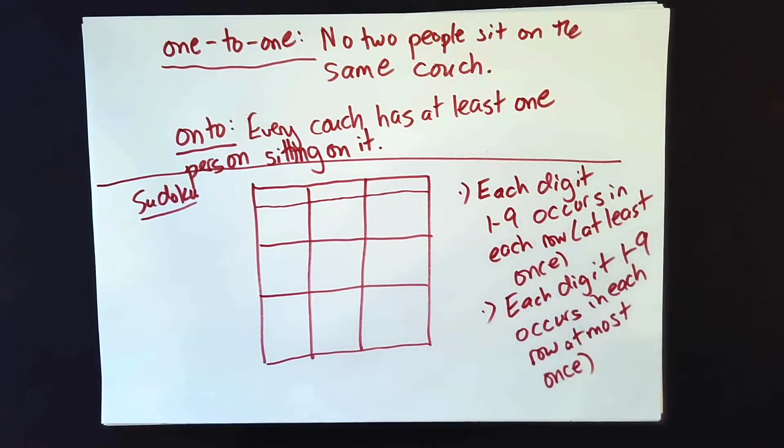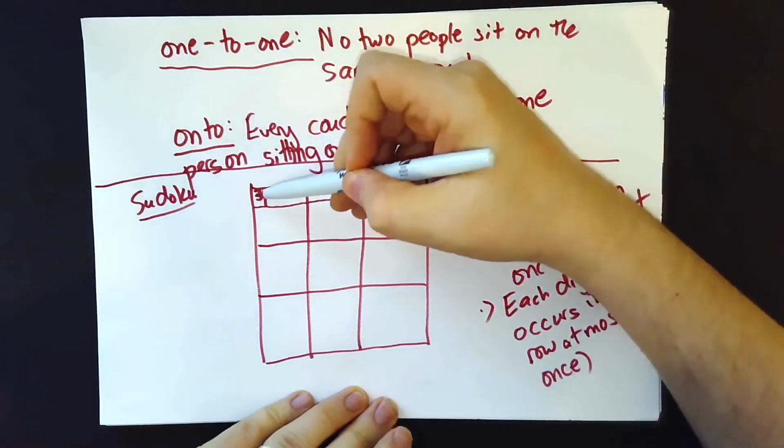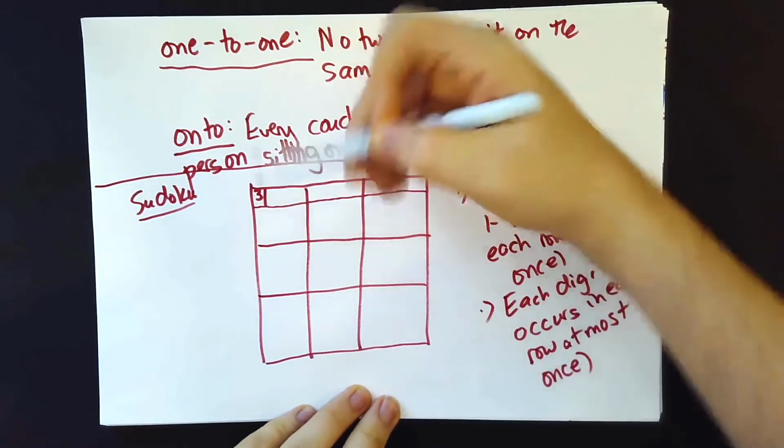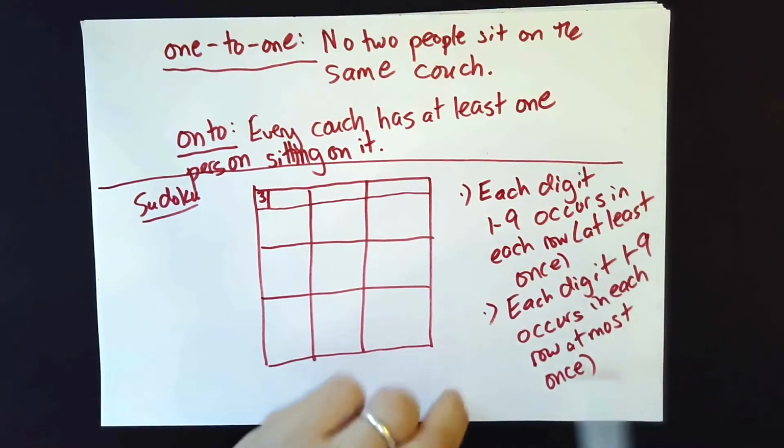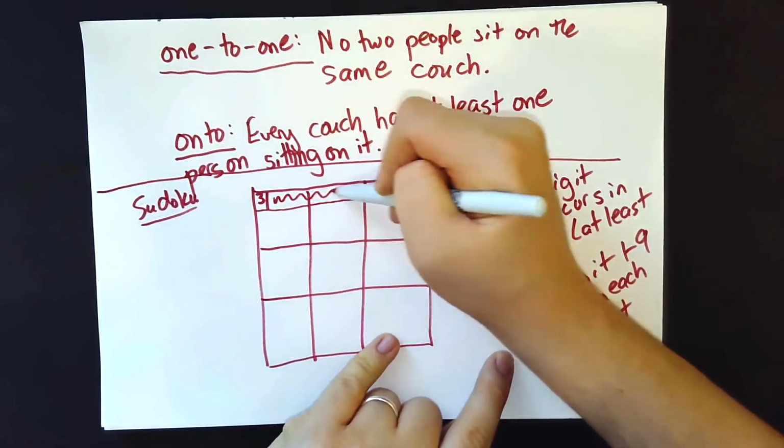So for example, if I happen to show that there's a 3 here in the upper left corner, then the second piece of reasoning tells me that none of the digits over here are 3s.